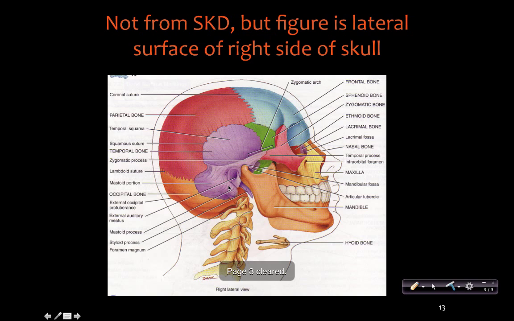We cannot see the petrous portion. But we can see here the zygomatic arch, and you see it goes up to here, and then it connects to the maxillary process and over here to the zygomatic bone. So we have the connection then to the facial skeleton from there.